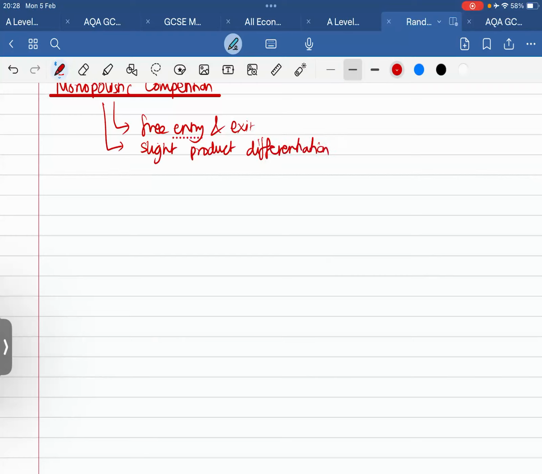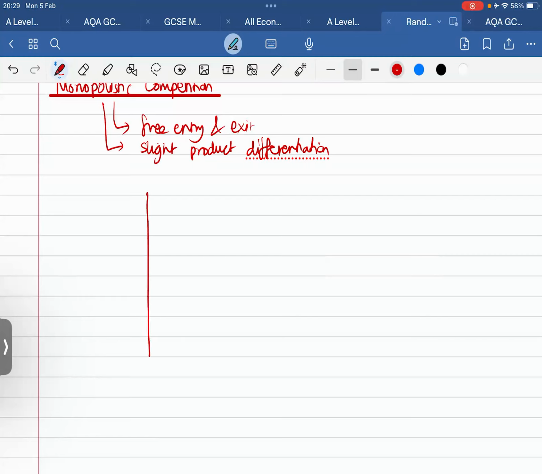So it's kind of similar to a perfectly competitive market, except there's some product differentiation. So now it turns into a more realistic market by one difference, the fact that there's some product differentiation. No one's coffee is the same, everyone's is slightly different.